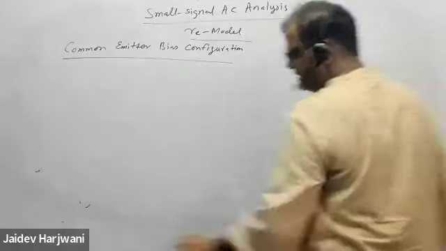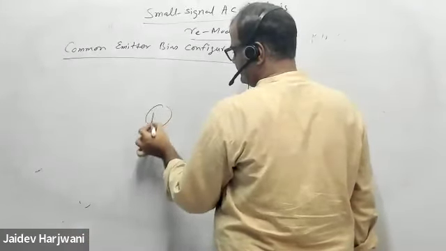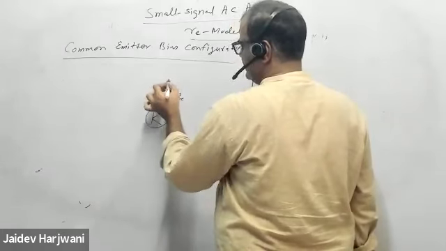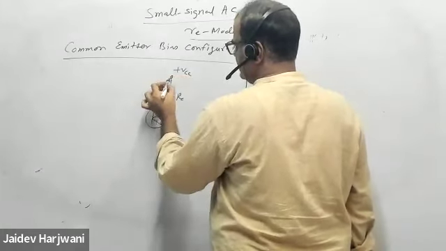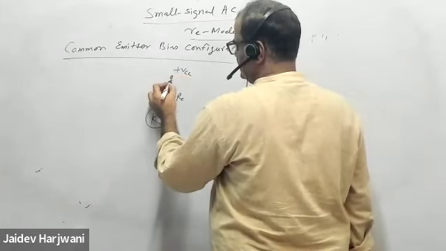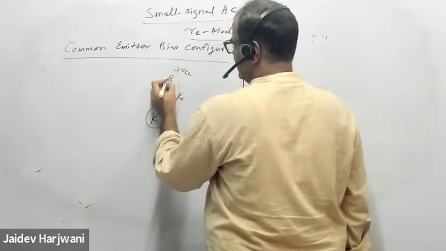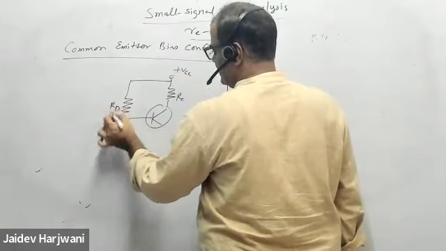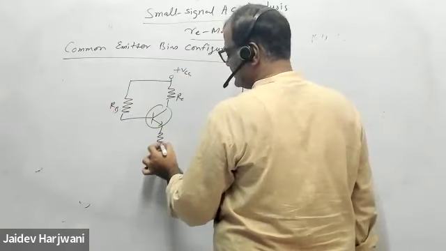Now the circuit will change a little bit. You have RC, you have a plus VCC, and from this VCC, RB comes here. Now the only change is that here you have one more resistance, RE.